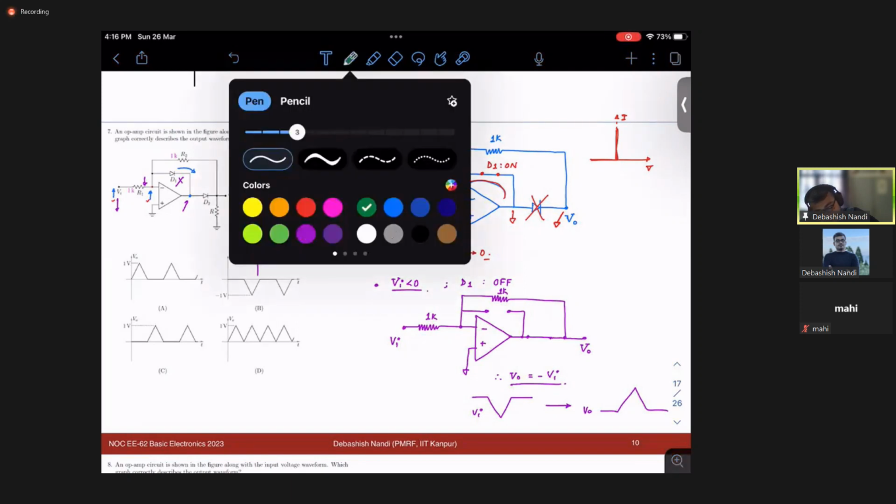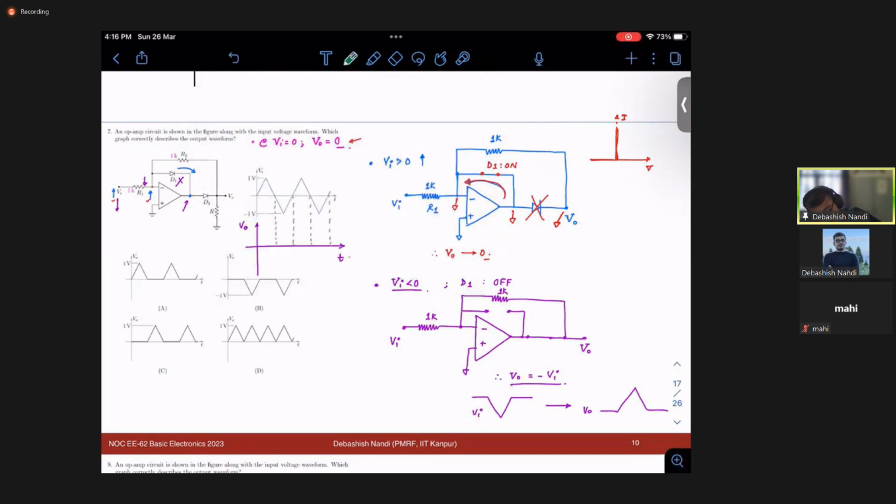So your output will look like this: it does not allow your positive cycle to flow, right? And your negative cycle is inverted. That means this triangle will be simply inverted. Again, the positive cycle it will hold and your negative cycle will be inverted, right? So this is how the output plot will look like.